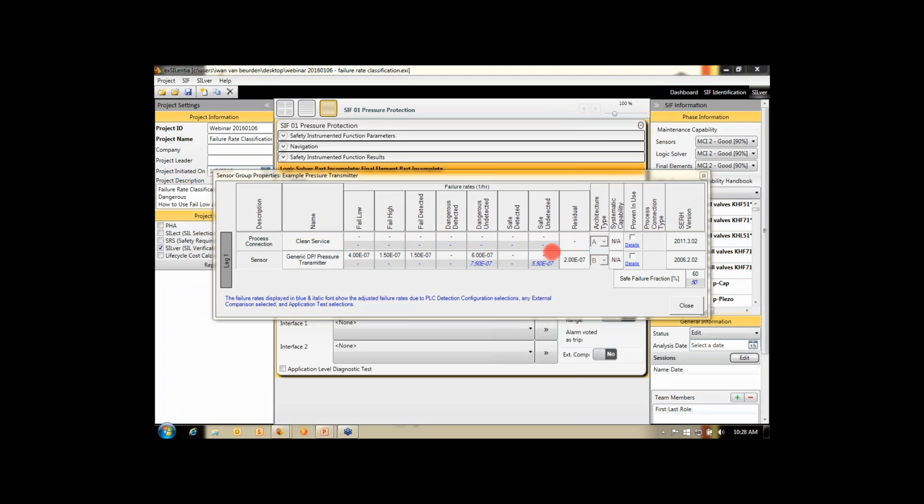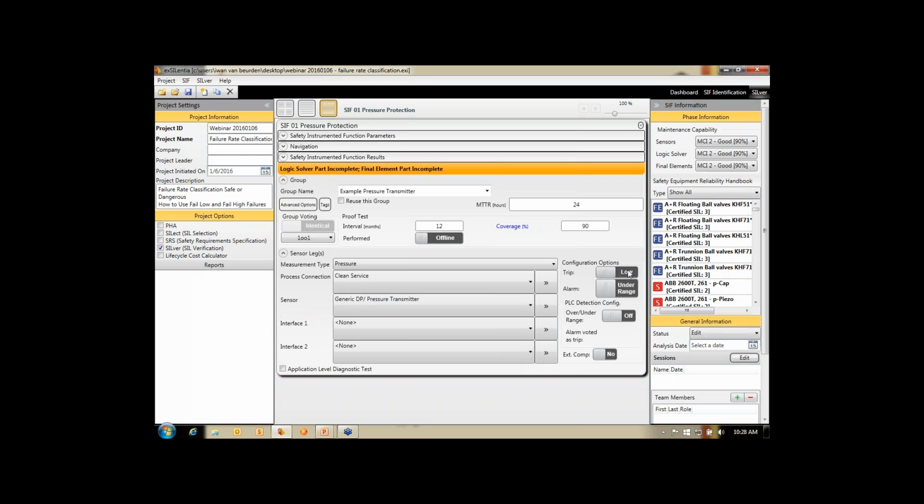So those failures are used as an input, and the blue failures are the ones that are calculated based on the selections. So let's look at the selections. Let's start with a high trip. Let's say I have a high trip scenario, and let's say that my alarms are driven under range. In other words, all internal detected failures are driven to a low under range output, maybe 3.6, maybe 3.75 milliamps.